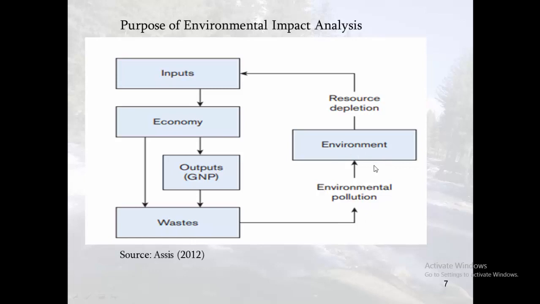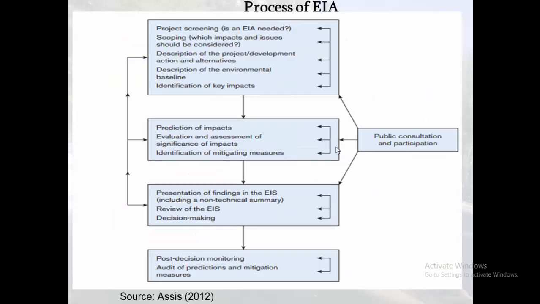Due to this environmental pollution, the environment is affected, and there is environmental degradation and resource depletion, and we have less available for the inputs. The environmental impact analysis studies all this, so that this waste should be minimum, and the effect of this environmental degradation and resource depletion may be minimum.